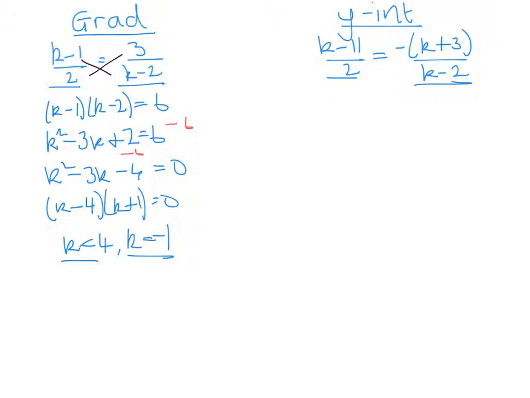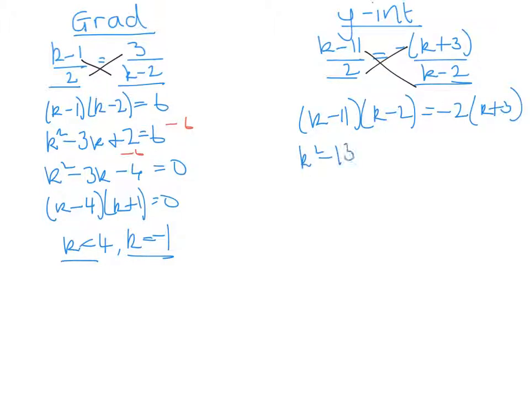Now let's solve this equation here. Again, let's cross multiply to get rid of the fractions. So what we have is k minus 11 times k minus 2, that's equal to minus 2k plus 3. If I expand these brackets, that'll be k squared minus 13k plus 22 equals minus 2k minus 6.